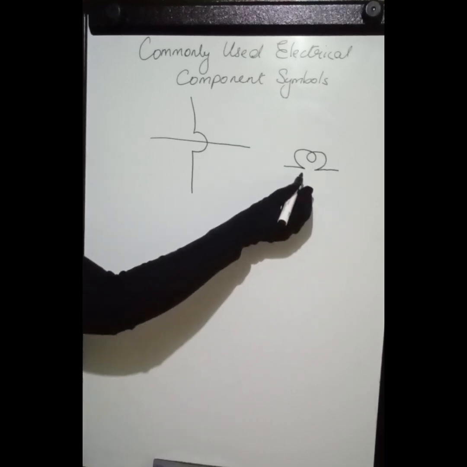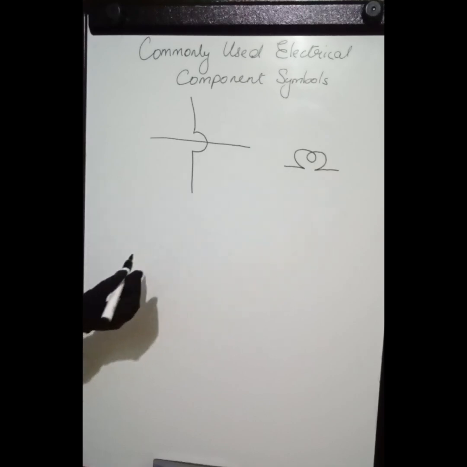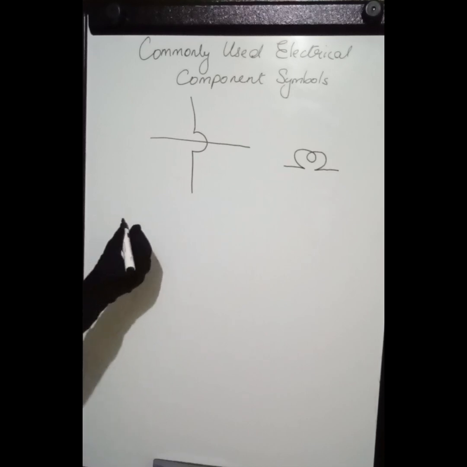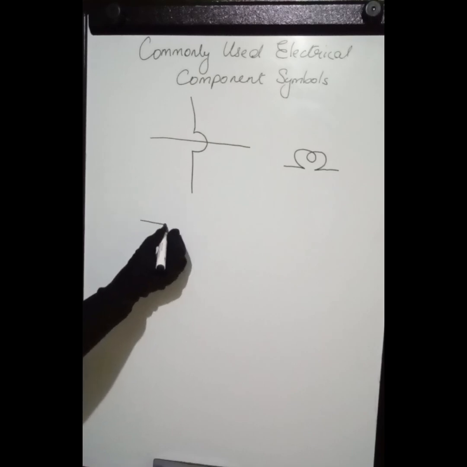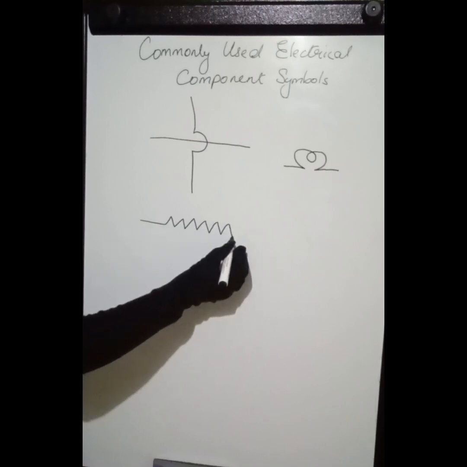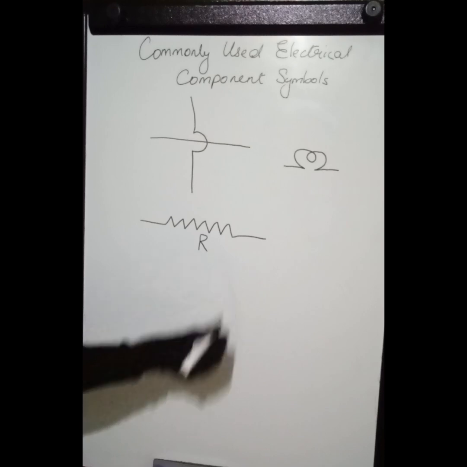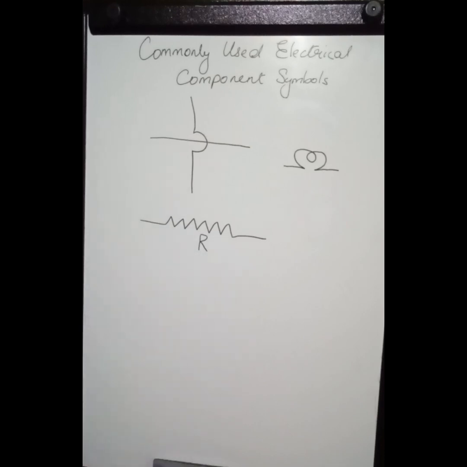So, this will represent an electrical bulb in your circuit diagram. Next, how do you represent your resistor or resistance? You will simply draw a sleeping line, then you draw some zigzag lines. This will represent your resistance or resistor.